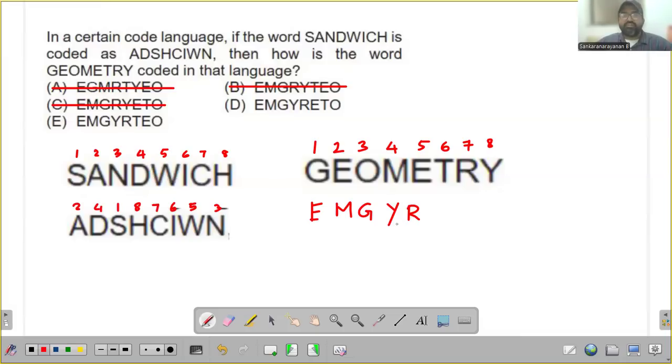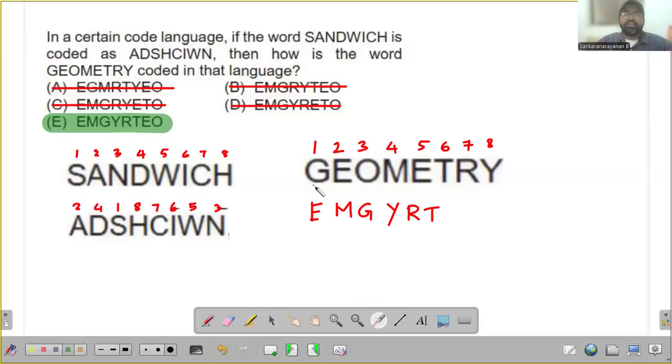The next letter. You can see it should be the sixth letter, that is T. So I can thus eliminate option D. Now I am left with only option E. And as far as this particular question is concerned, we can see that this word geometry is coded as option E, what is presented here. And that is my final answer as well.